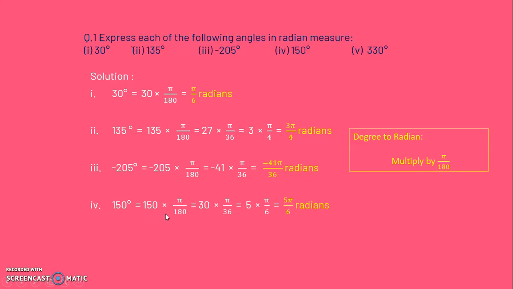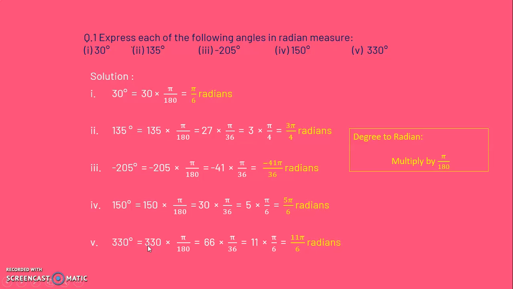And 150 into pi by 180: 150 and 180 are cancelled with the table of 5, and the answer will be 30 into pi by 36. Then 30 and 36 are cancelled with the table of 6, and the answer will be 5 into pi by 6, which is 5 pi by 6 radians. And finally 330 degree: 330 into pi by 180.